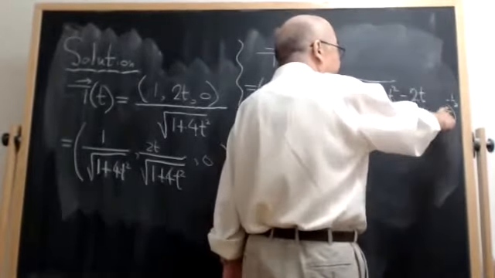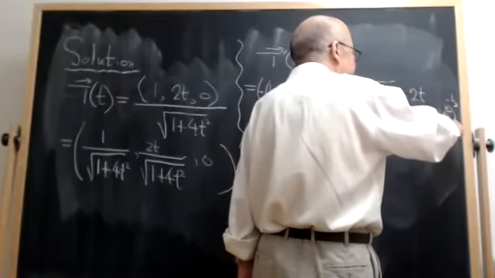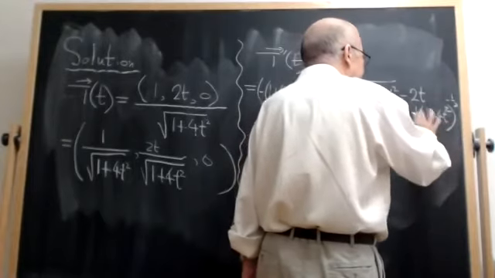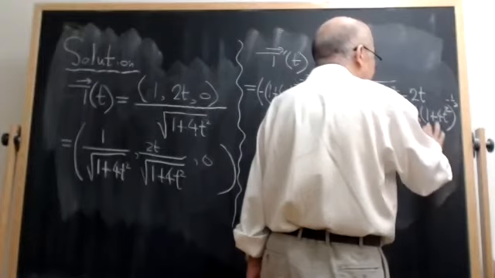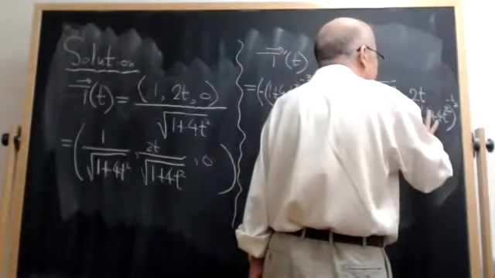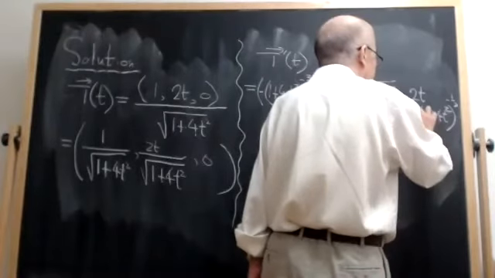And then I have this one, which is 4t. That's the second entry.